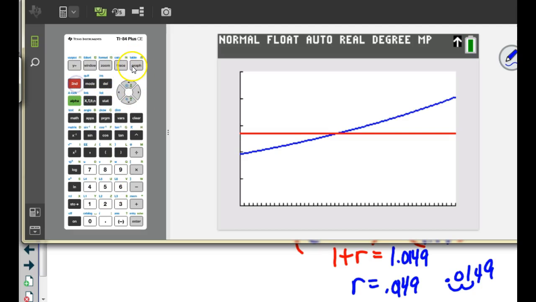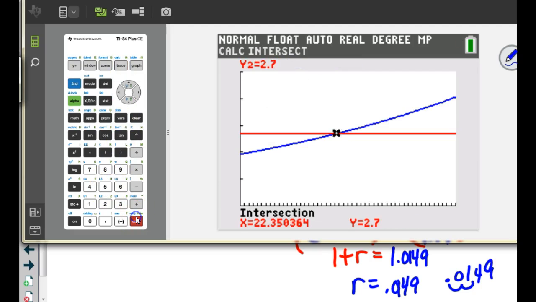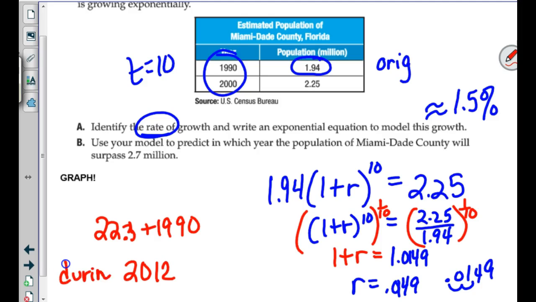Okay, now I want to find the point of intersection. So it's 22.3 years added to what? To 1990. So what year would that be? Sometime during 2012.